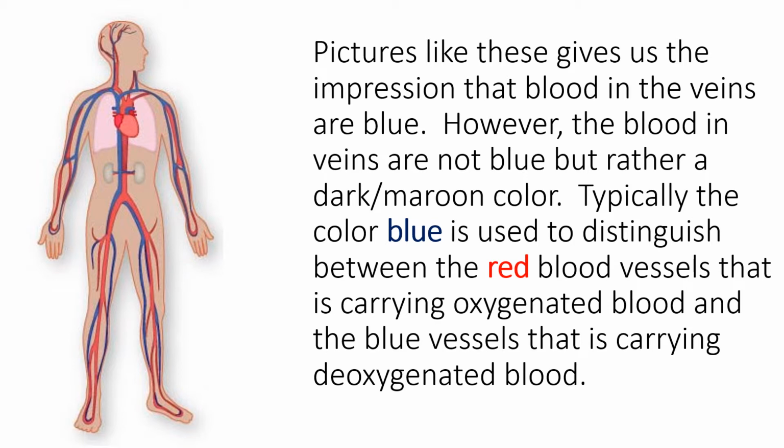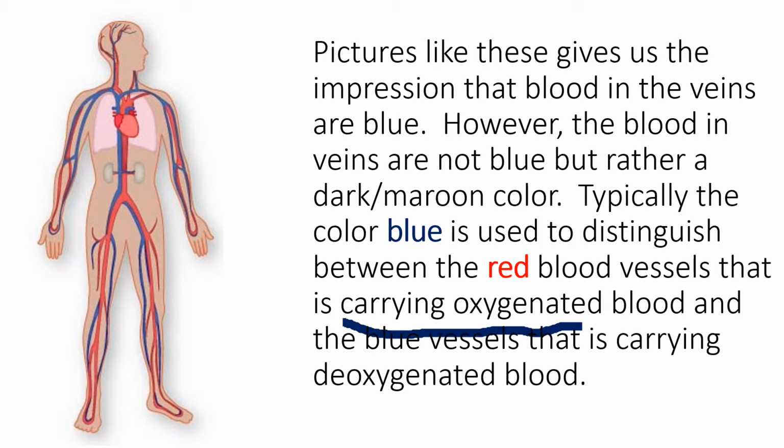So you might wonder, well, geez, all my life I've been seeing pictures like this where you have red and blue. I think these are just pictures that give us the impression that the blood is blue, but basically they use the different colors to differentiate the fact that red blood vessels are carrying what?